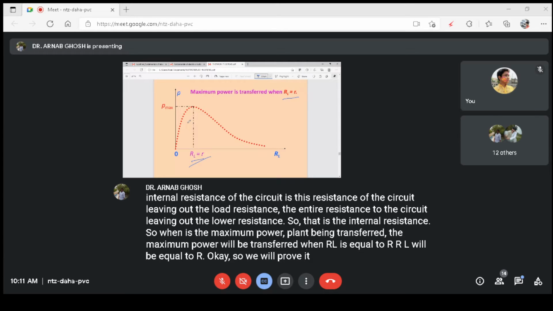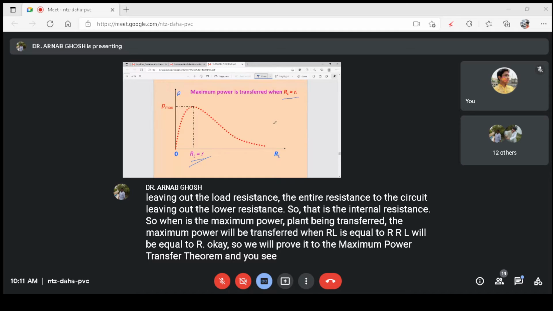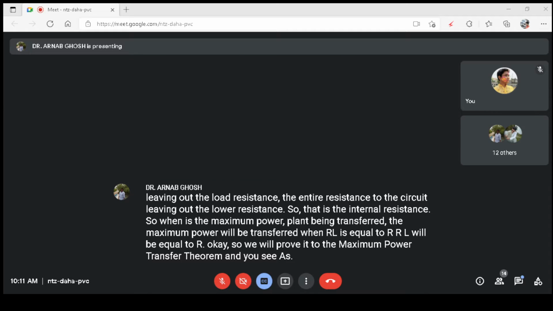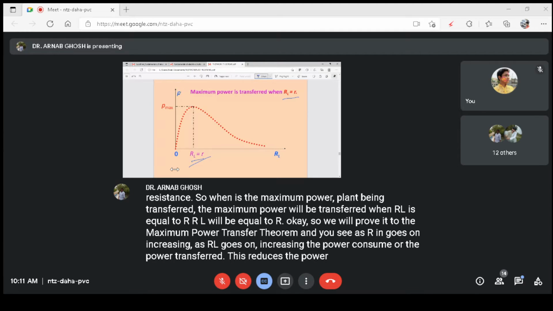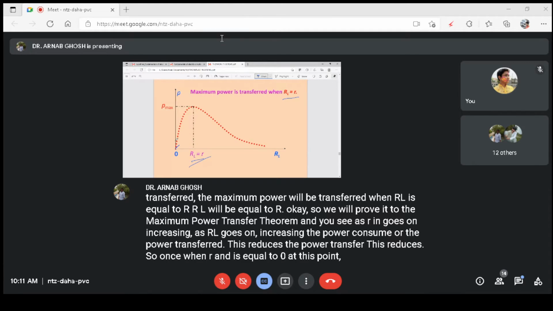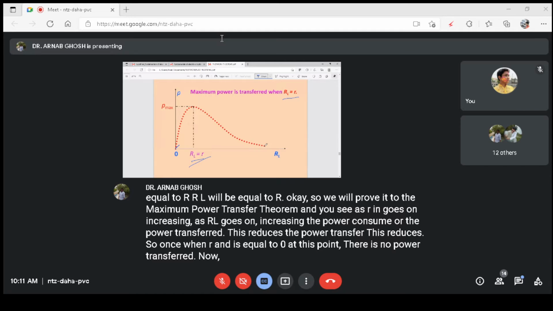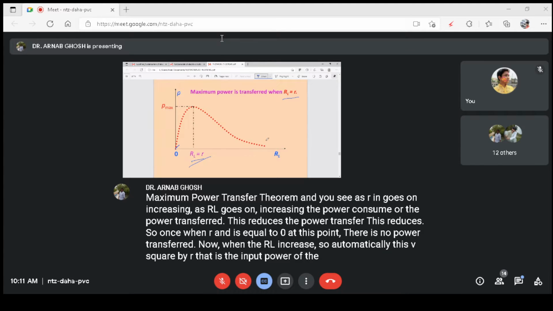To prove the maximum power transfer theorem, you see, as RL goes on increasing, the power consumed or the power transferred reduces. Now when RL increases, automatically the output power will go on decreasing.